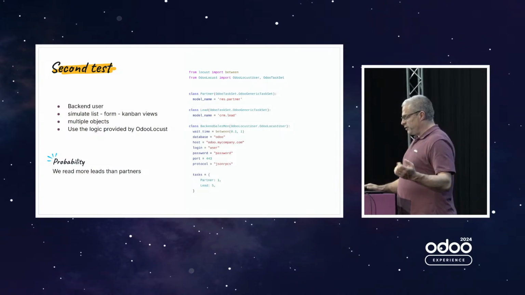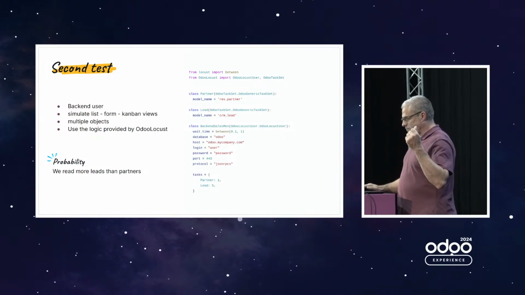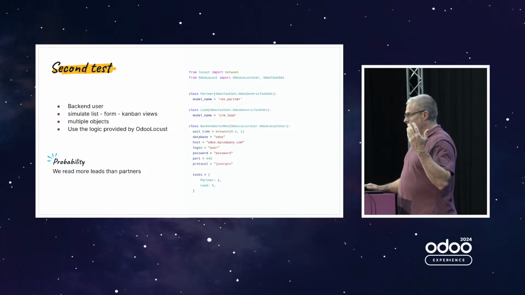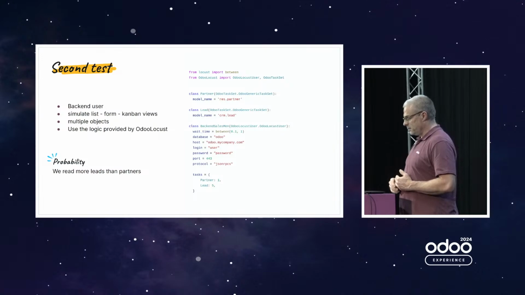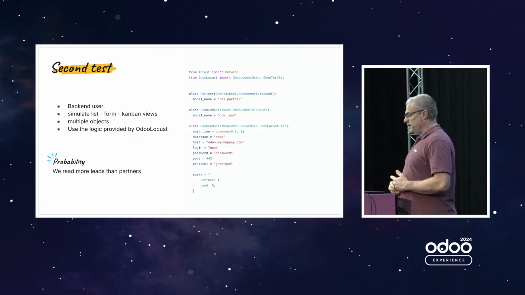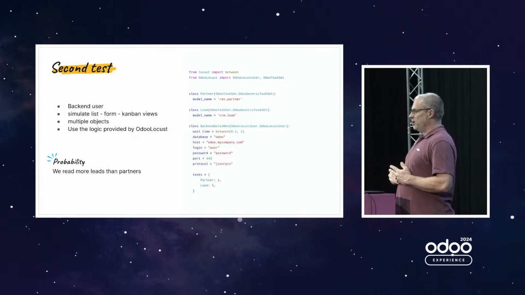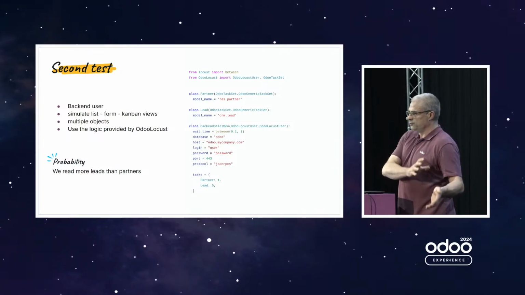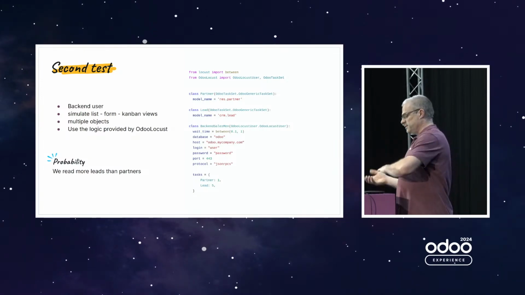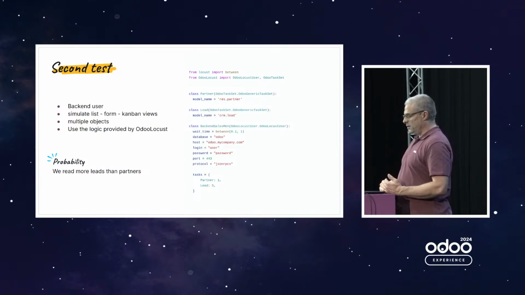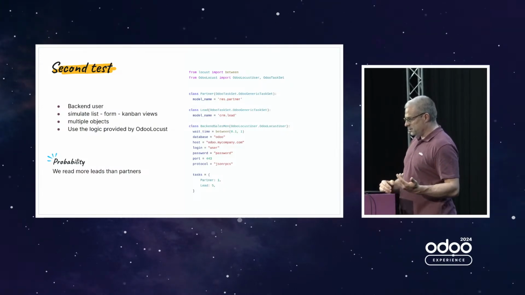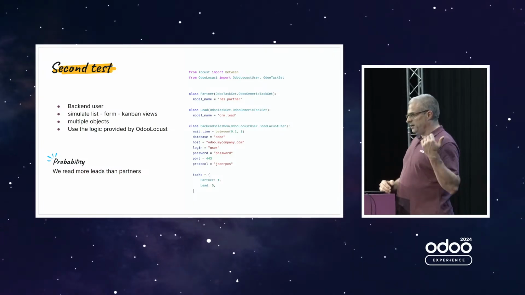We have two different task sets, but the people don't do the actions the same amount of time. We have a salesman. The salesmen go more often to the leads rather than partners. So in the tasks definition, you have the name of the class. Here we have partner and lead.